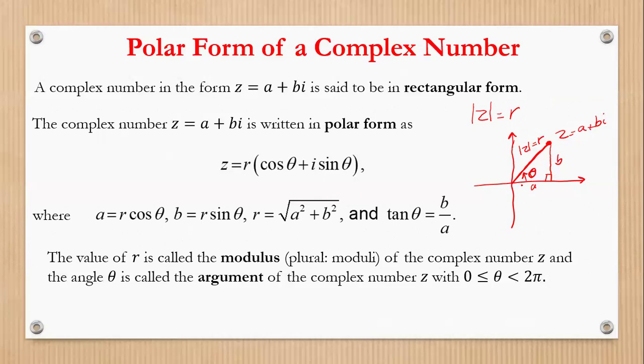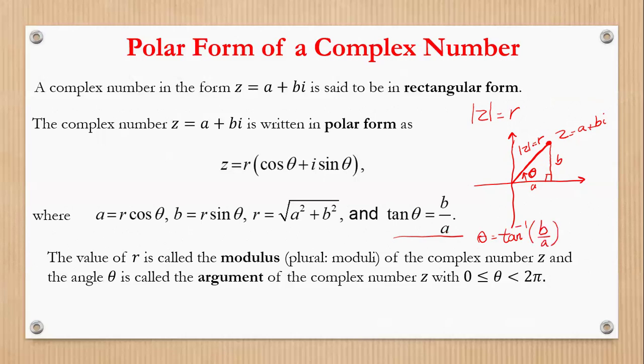To find theta, we just need the tangent of the angle, which is opposite over adjacent. So the tangent of the angle is b over a. If you want to find the angle, you use the tangent inverse key on the calculator: theta equals tangent inverse of b over a.